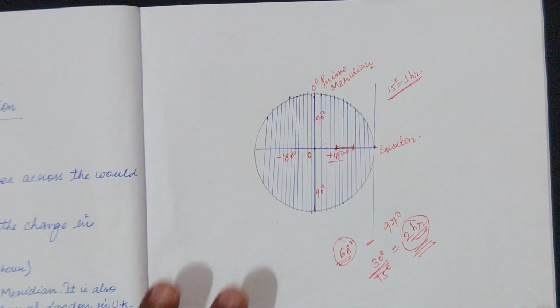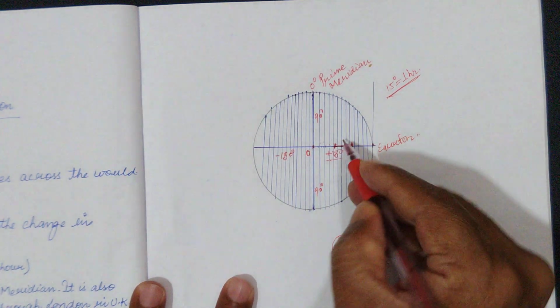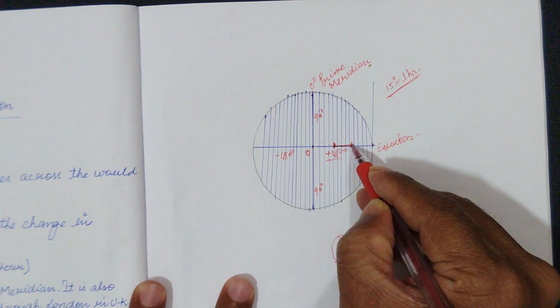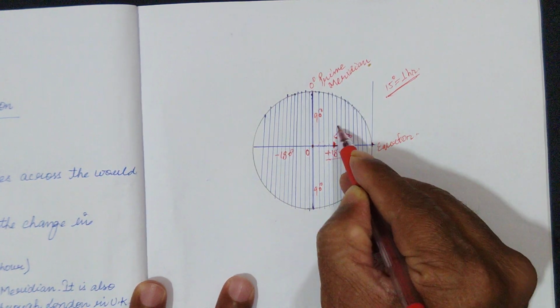I am describing it again: the person who is sitting in Gujarat can see a time difference of 2 hours with the person who is sitting in Arunachal Pradesh, right? It means in India alone you can see a time difference of 2 hours.